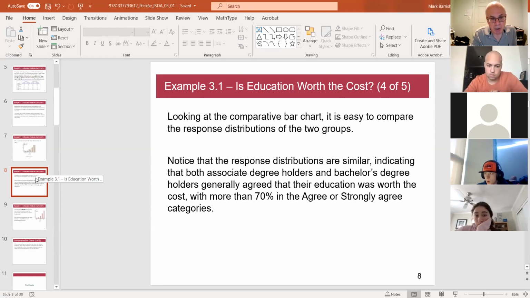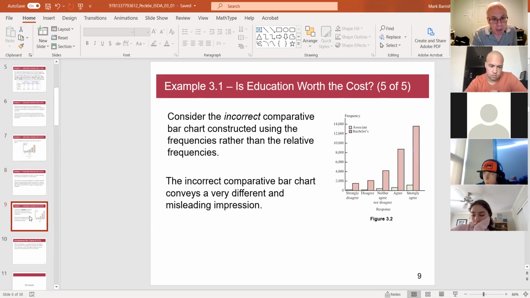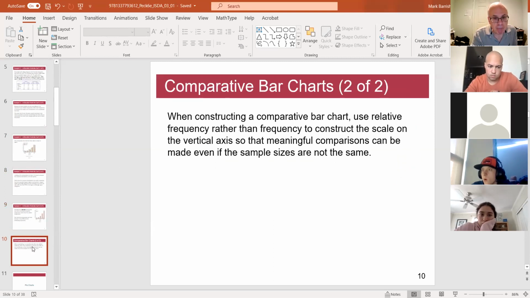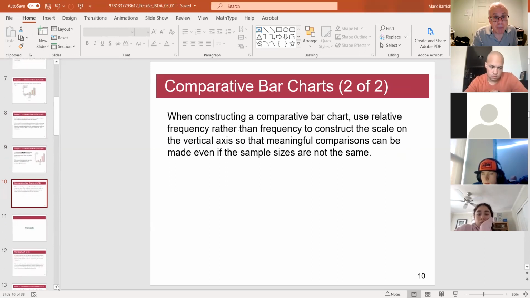That'll be pretty clear to see based on common sense. And again, know that this way of displaying it is bad, incorrect, because we wouldn't use frequencies because of the two groups being such unequal size. The slide here is telling you the reason to do that.